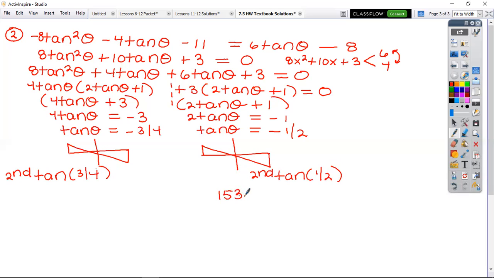This was 153.4 and 333.4. Again, you do sometimes get these to come up more than once. This guy would have been 143.1 and 323.1 as well. So another situation with those four possible answers.